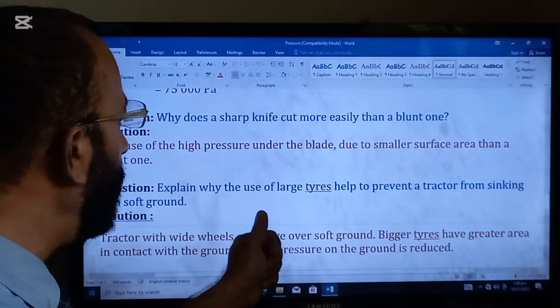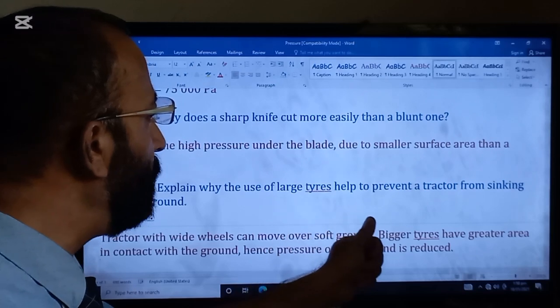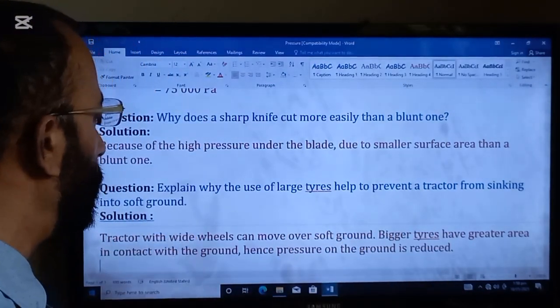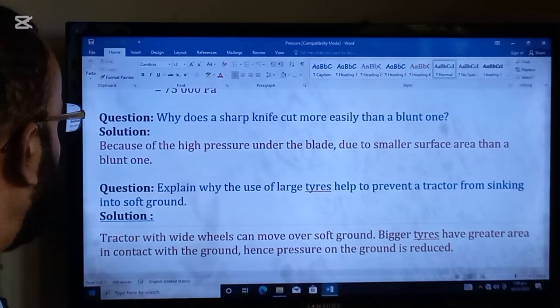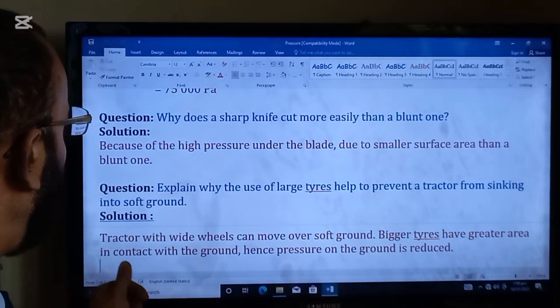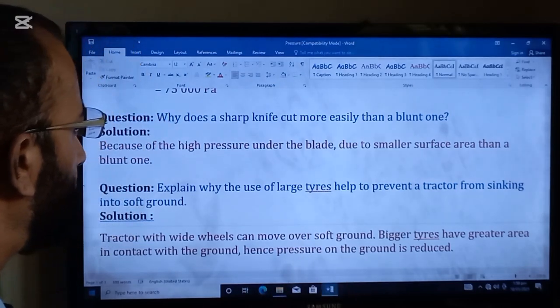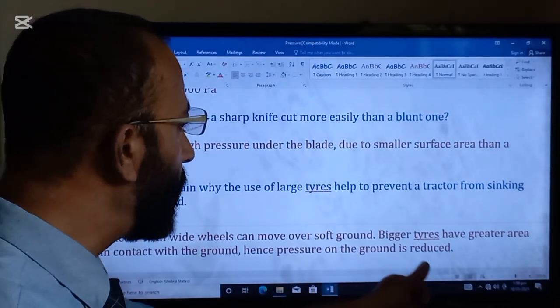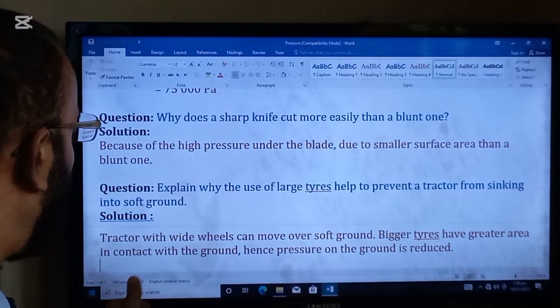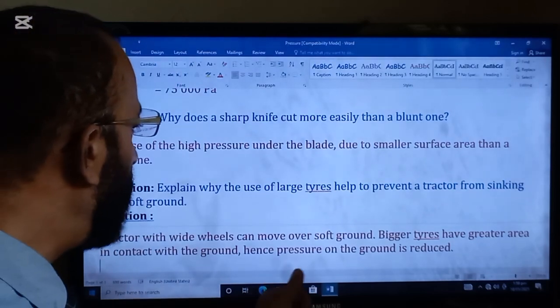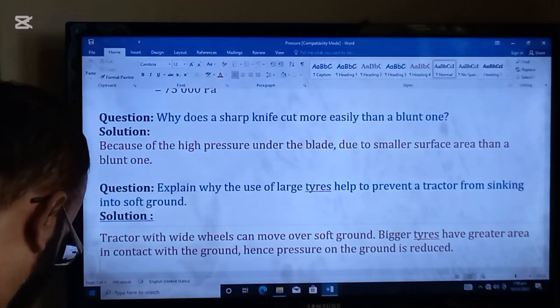Explain why the use of large tires helps to prevent a tractor from sinking into soft ground. The answer is again the same. A tractor with wide wheels can move over soft ground. Bigger tires have greater area in contact with the ground. Hence pressure on the ground is reduced.